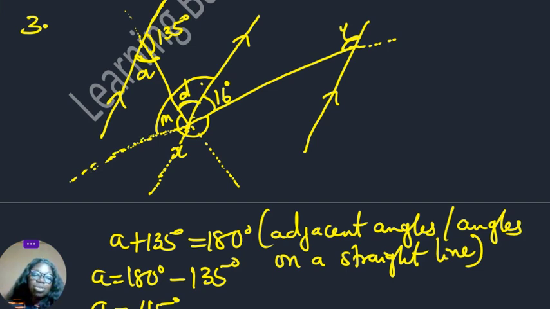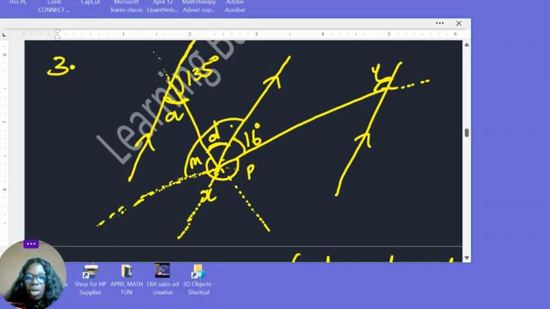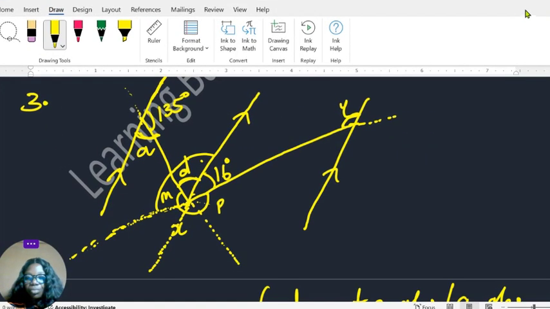So how do we get angle D and angle M? We already have angle D, but how do we get angle M? If you now look at angle M again, you will see that it is vertically opposite to this particular angle. Let me name it angle P. It is vertically opposite to this angle P because where angle M is positioned, we have two lines intersecting each other. Now I'm going to change the color of my pen.